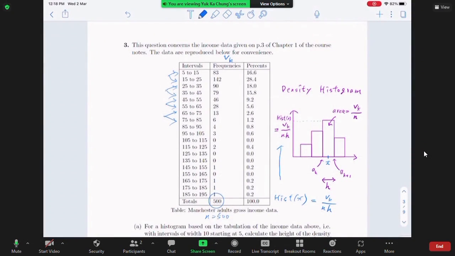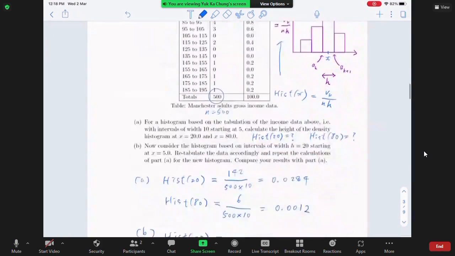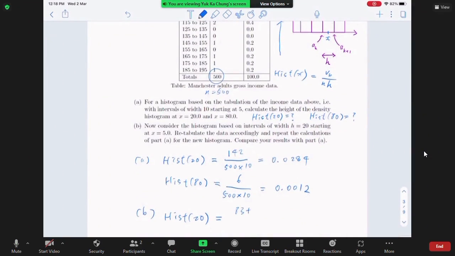So the Vk this time will become 83 added to 142. And we divide by n times h. But this time, since the interval has been grouped, the width of the interval becomes larger. Instead of 10, it becomes 20.